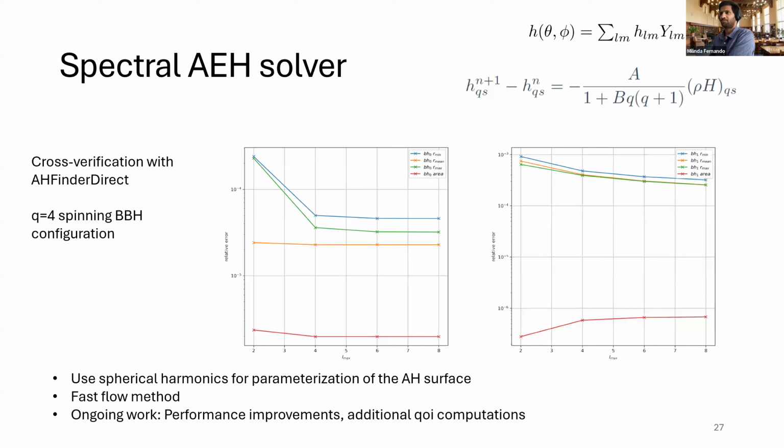And we have verified it with the AHFinderDirect. In terms of ongoing work, it requires some performance improvements, and we also need to add additional quantities of interest computations, such as computing the spins, etc. Those are some of the things that we are still working on.